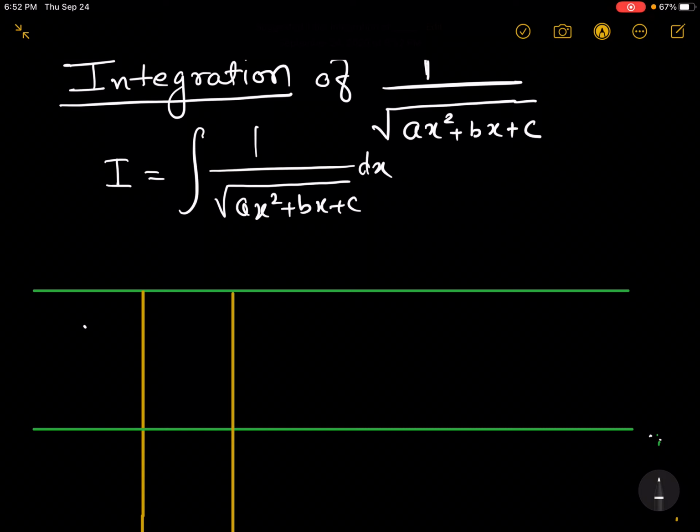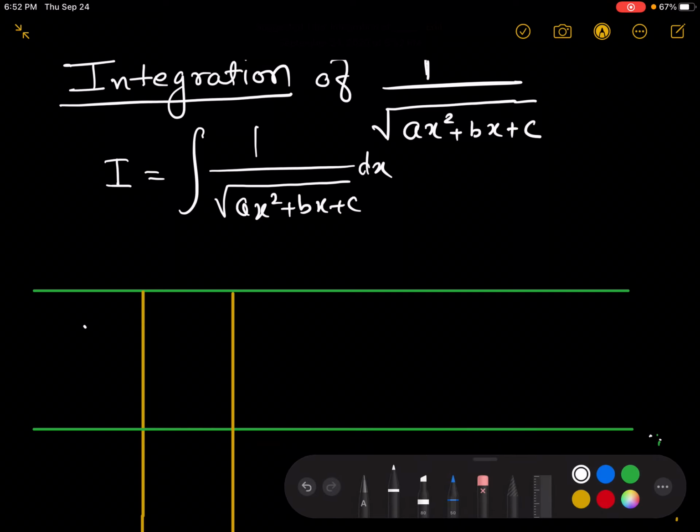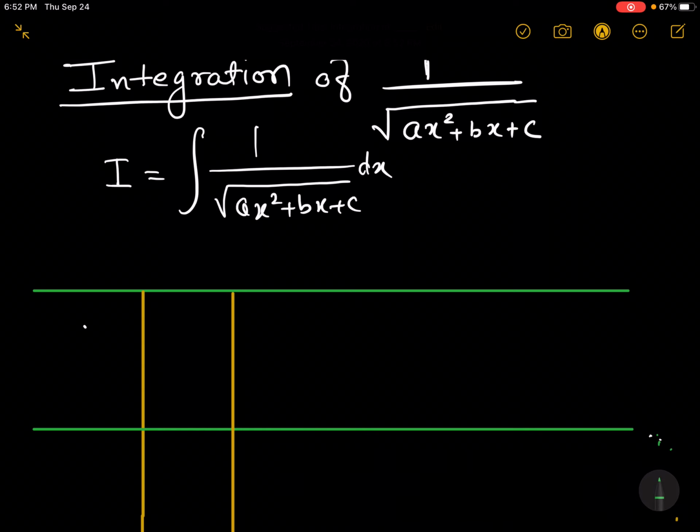Here we have the quadratic expression inside a square root in the denominator. So now students, first we will check the value of a.